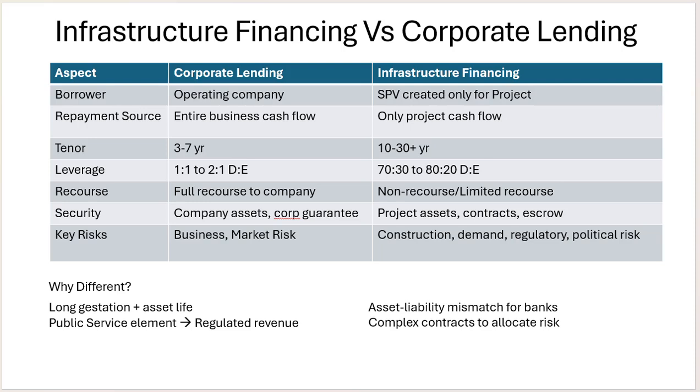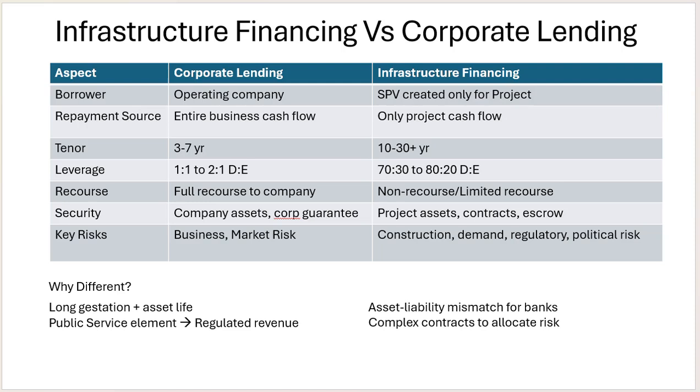And it is a non-recourse financing, where we are not able to touch the balance sheet of the borrowers. Then the tenure: corporate lending might be 3 to 7 years, but it is totally different in infrastructure financing. The tenure of infrastructure financing is 10 to 30 years, and the development or construction period for the infrastructure is 5 to 6 years.